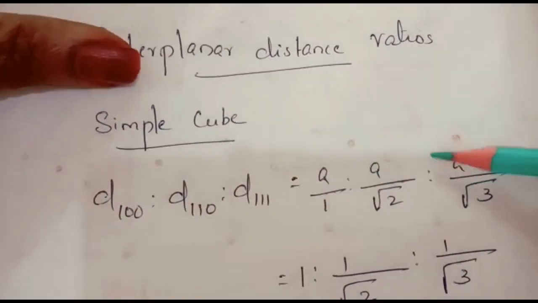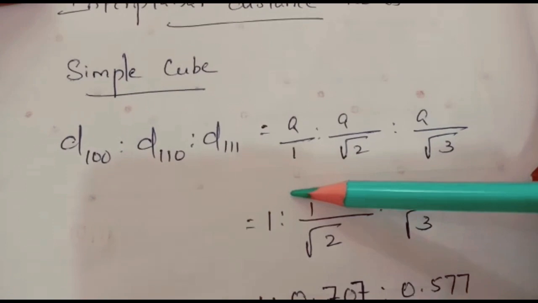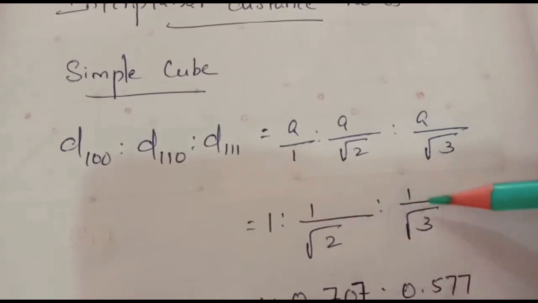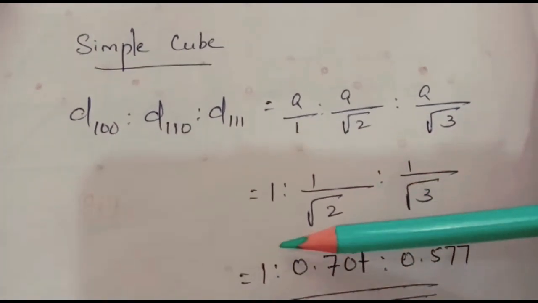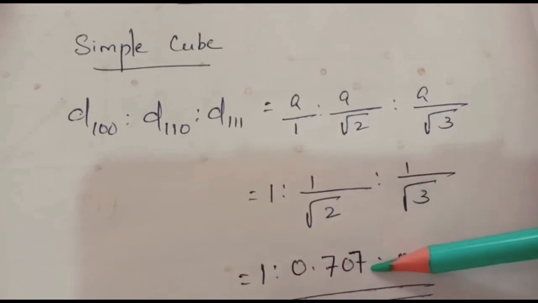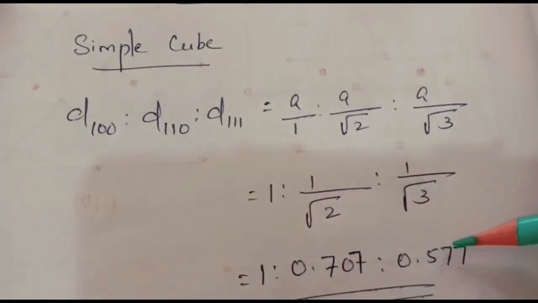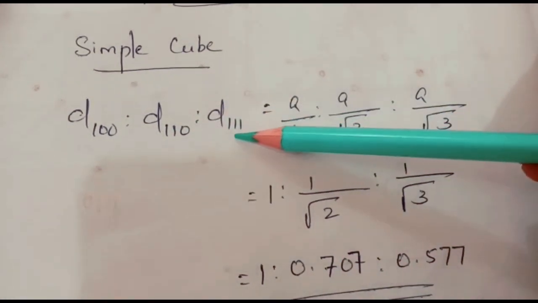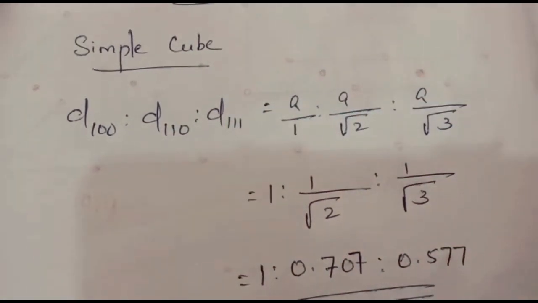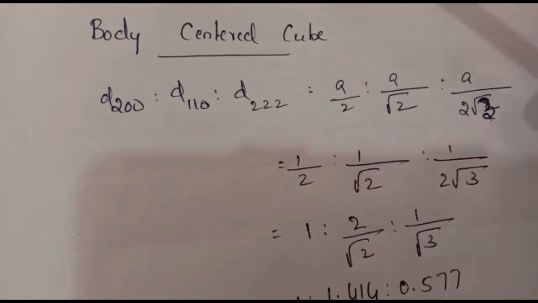So A can be cancelled, so it will be 1 is to 1 by root 2 is to 1 by root 3. So the value is 1 is to 0.707 is to 0.577. So if this is a ratio of these three planes in a crystal, that means that crystal is simple cube.